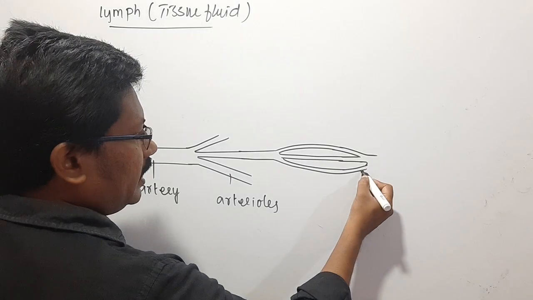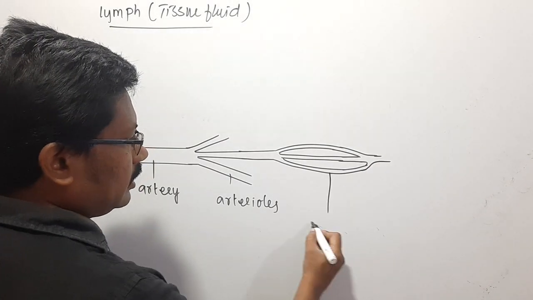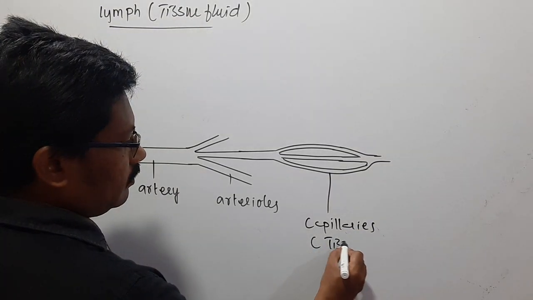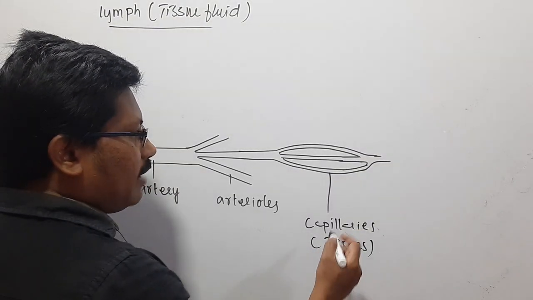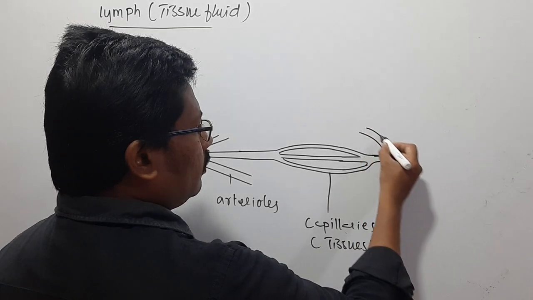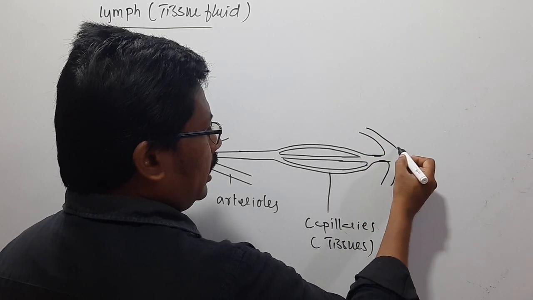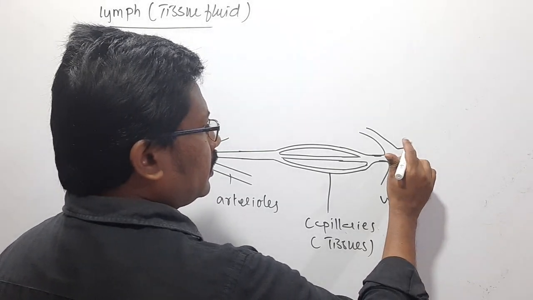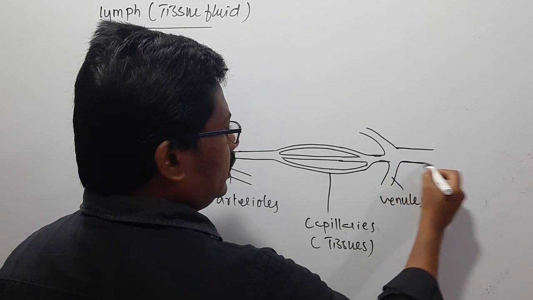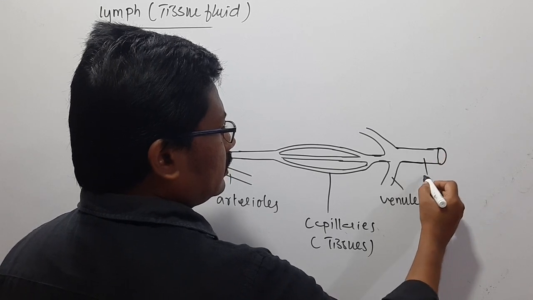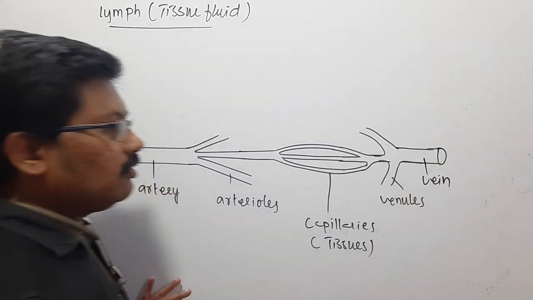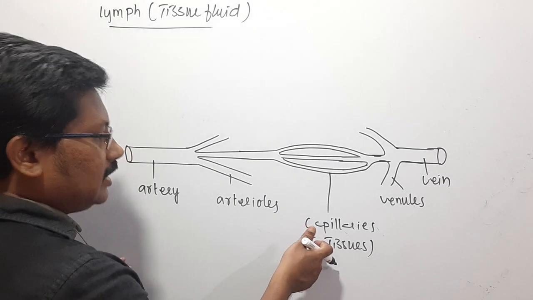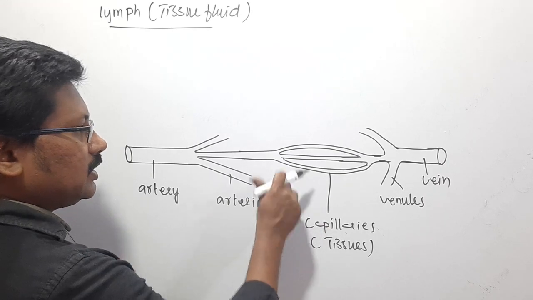So these capillaries are seen in tissues, and these capillaries will unite to form a little larger vessels, what we call venules, and these venules unite to form veins, right? And as I told here, the capillaries are present in the tissue.